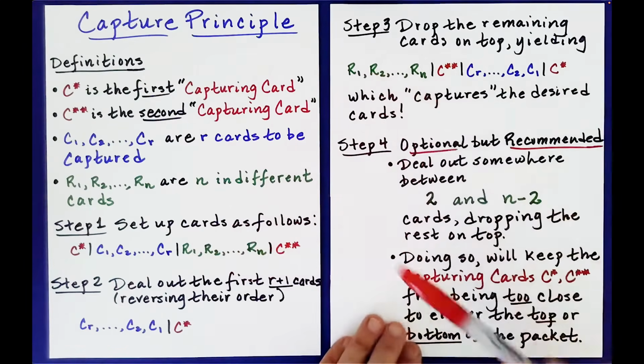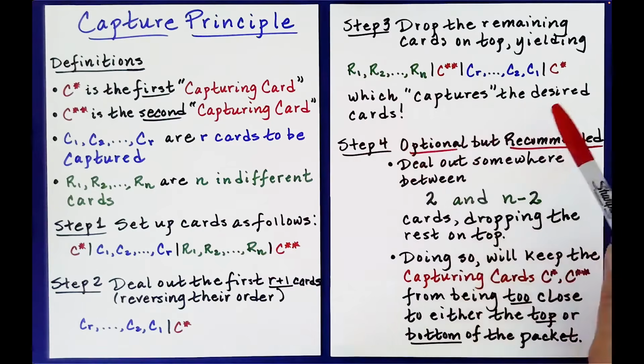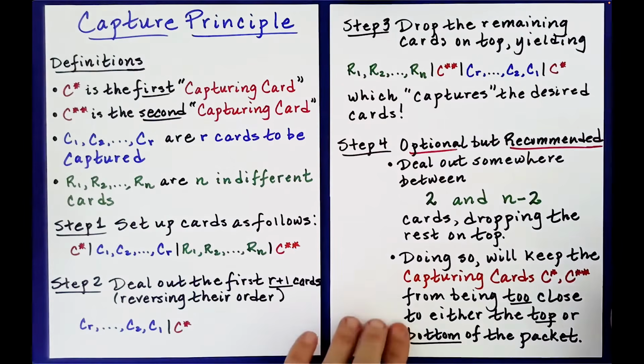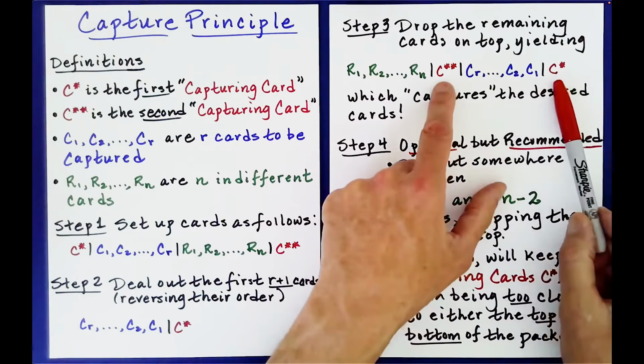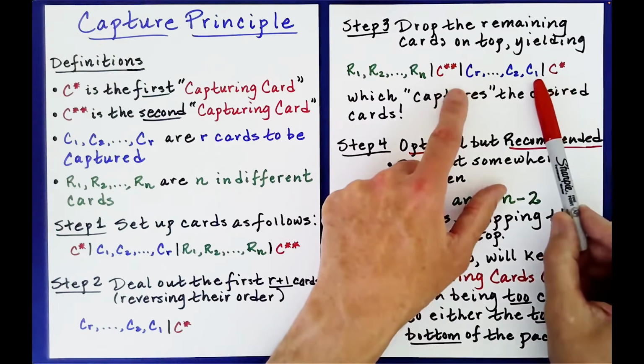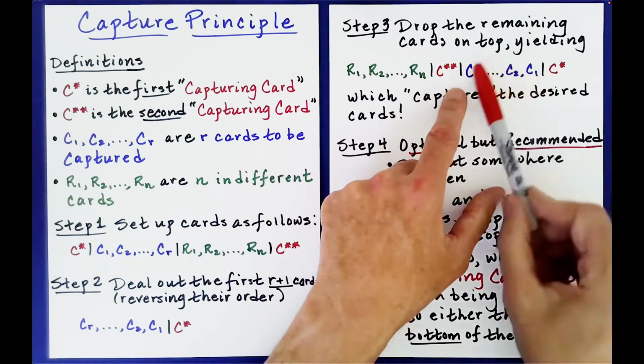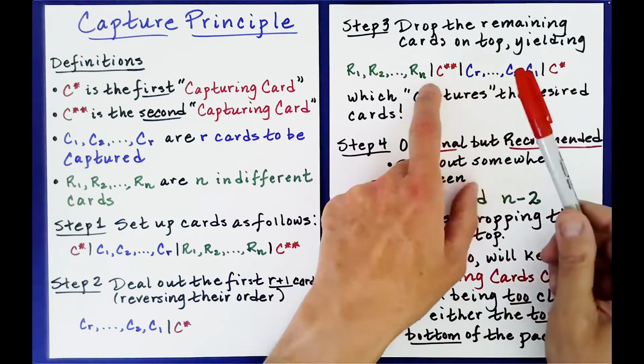We haven't reversed those in any way. So you drop those on top. Well, technically, you're done, right? Because look, your 2 capturing cards have captured the cards to be captured. Those are in between those 2.